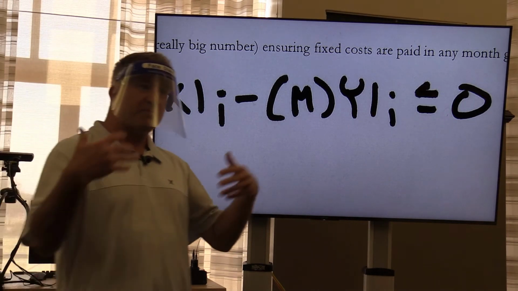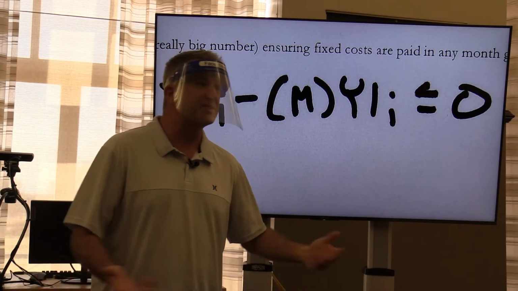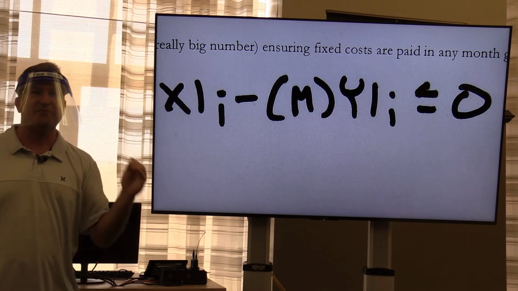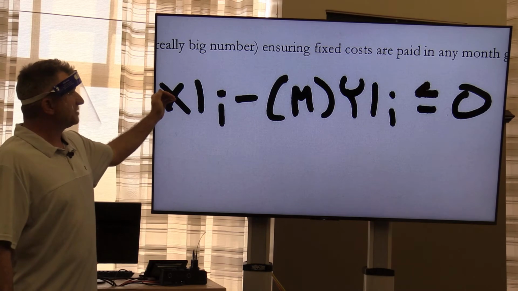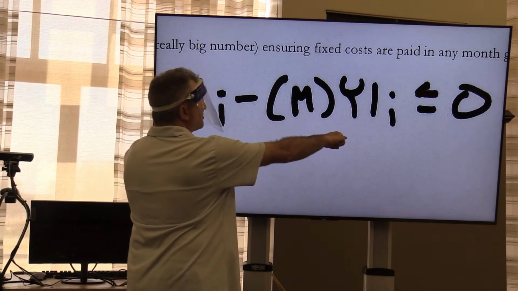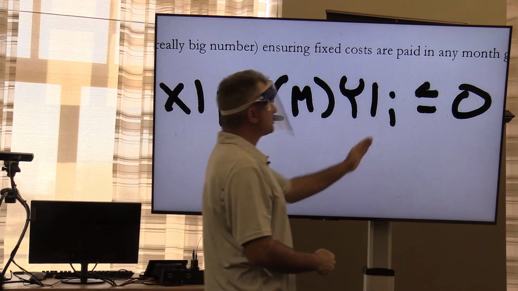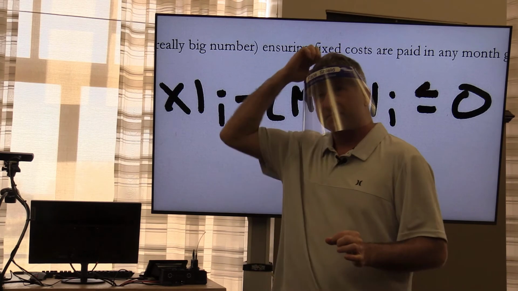But then to meet some of the other constraints, we have to produce gum1 sometime. There's lots of other constraints as well. So sometimes x1 is going to have to be positive. And if x1 is ever positive and y1 was 0, this left-hand side would be positive, which is not less than or equal to 0, and that constraint would not be satisfied.